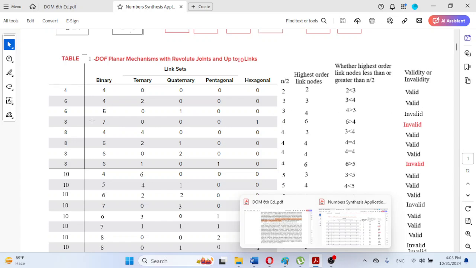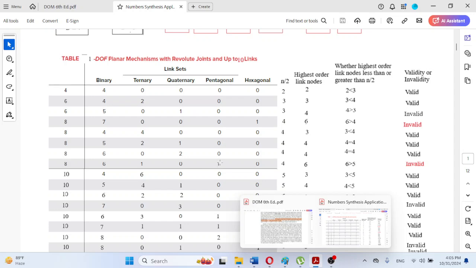In a similar manner, in this fourth line, the highest order link is a hexagonal link which has 6 nodes, but the total number of links is 8. So n by 2 is equal to 4, and 6 is greater than 4. That means this set is also invalid. And in this last row there is one pentagonal link, and a pentagonal link has 5 nodes.